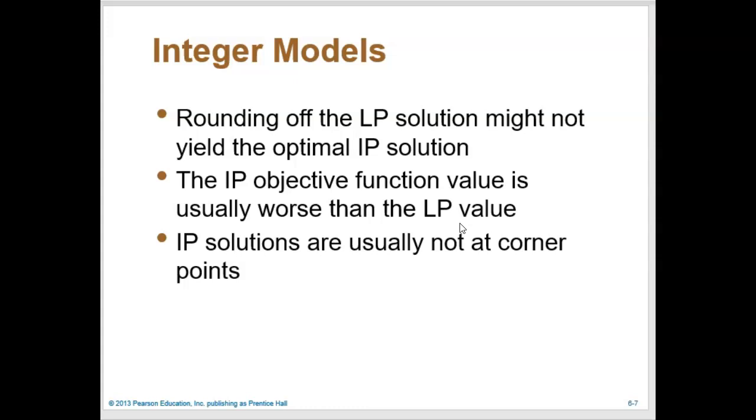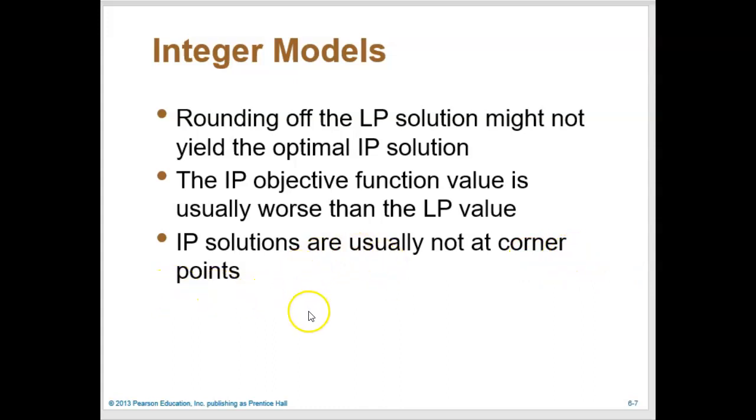If you recall from chapter 2, when we covered the graphical analysis method to solve LP problems, we made a statement that all of the LP optimal values are at the corners of your feasible region. That may not always be true for an IP solution. If you are forcing an IP restriction, meaning all of your decision variables have to be whole numbers, it may not be possible at the corner points.